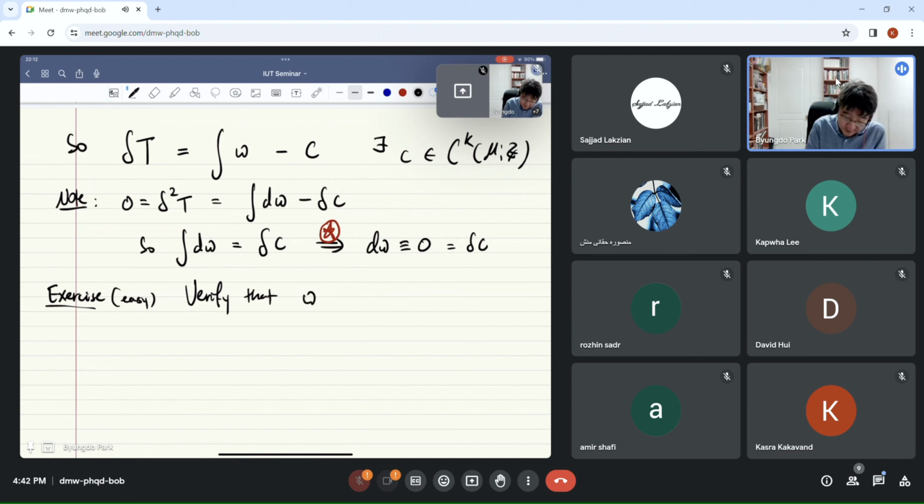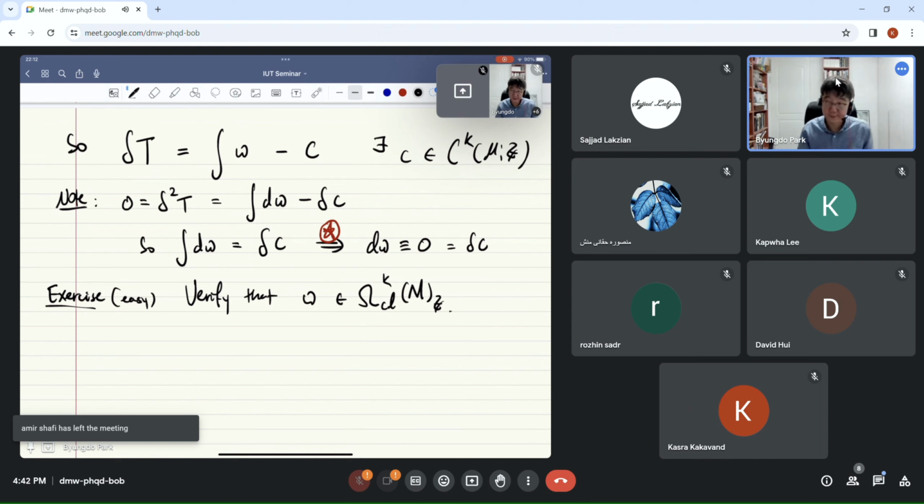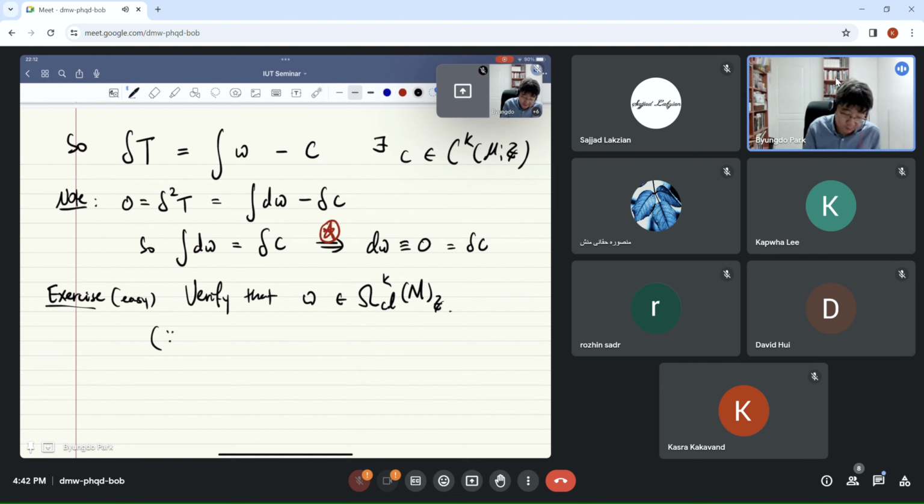Verify that this omega is actually in the pair chi comma omega, that omega lives in degree k differential forms closed with integral periods. Well, if this is easy, why don't I just say that one line proof?